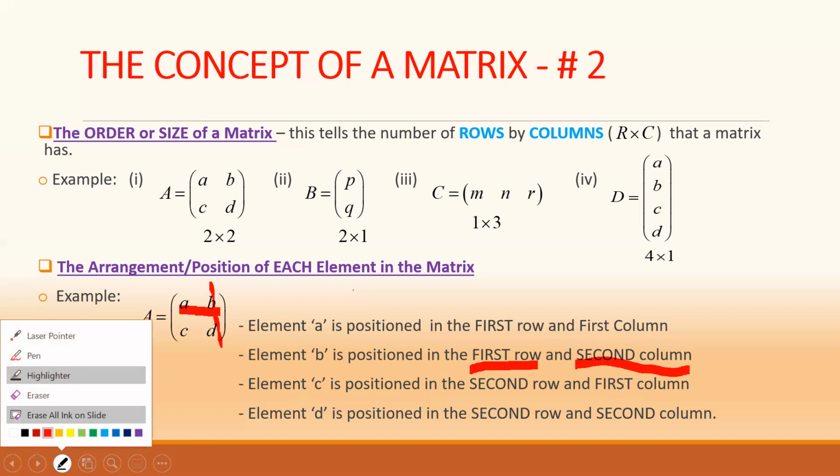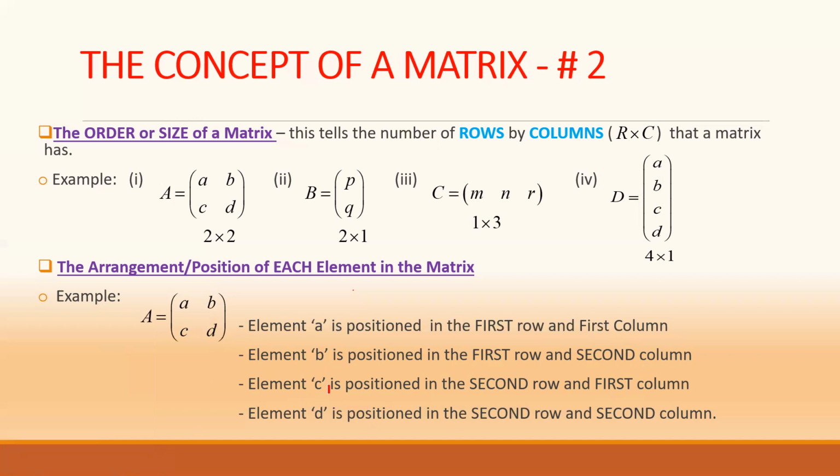Okay, guys. Now let us look at element C. Here's element C. Element C would be positioned in which row? We tell the row first. It is in the second row. However, it is in the first column. So element C would be in the second row, first column.